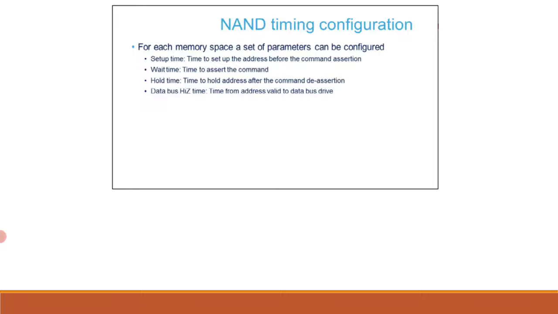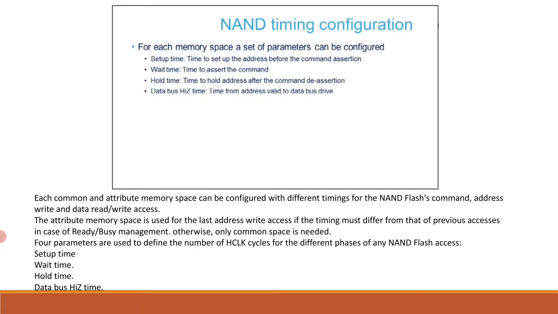Otherwise, only common space is needed. 4 parameters are used to define the number of HCLK cycles for the different phases of any NAND flash access: setup time, wait time, hold time, and data bus high-Z time are the 4 parameters.